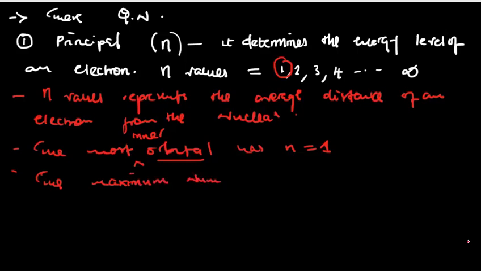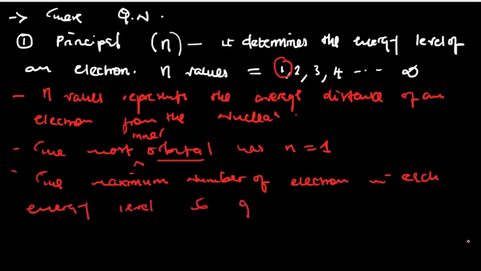We should also take note that the maximum number of electrons in each energy level is given by 2n squared. So to get the number of electrons, the number of electrons is equal to 2n squared.